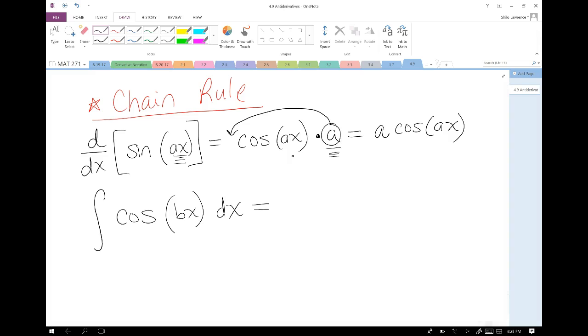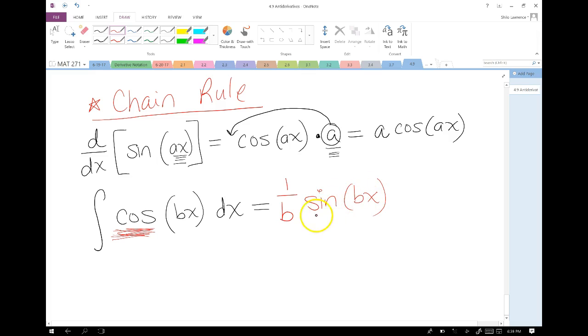So first of all, there's still two things to do here. It is a composite function, so it's like we're doing the chain rule. So first we need to think about who has a derivative of cosine. Whose derivative is cosine? Well, sine's derivative is cosine. So our cosine turns into a sine, but then we also need to divide by the derivative of the angle.